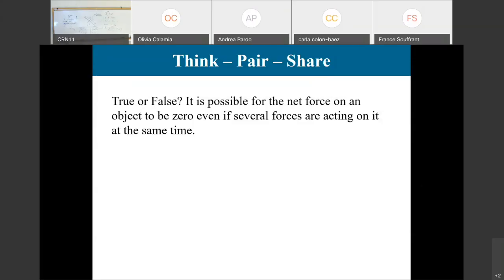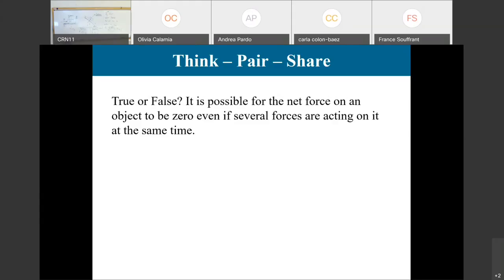That the net force on an object is 0, even though several forces are acting on it. Anybody? False. It's true. Look at the board.